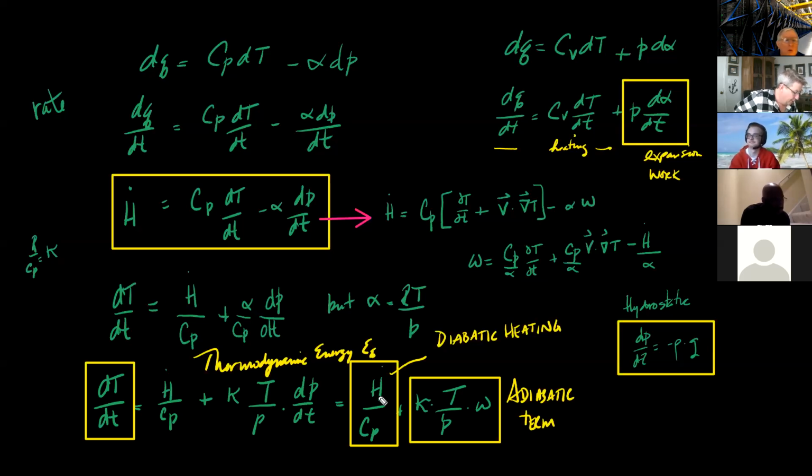Latent heat release tends to be concentrated in small regions, which may be locally comparable in magnitude to the adiabatic temperature changes discussed earlier. So now they're saying, okay, there's heating, and that heating is comparable to the adiabatic temperature changes.